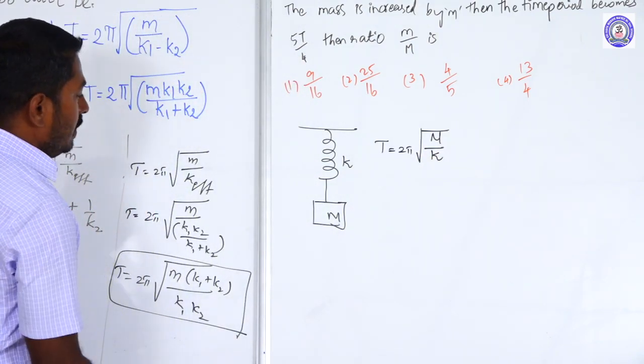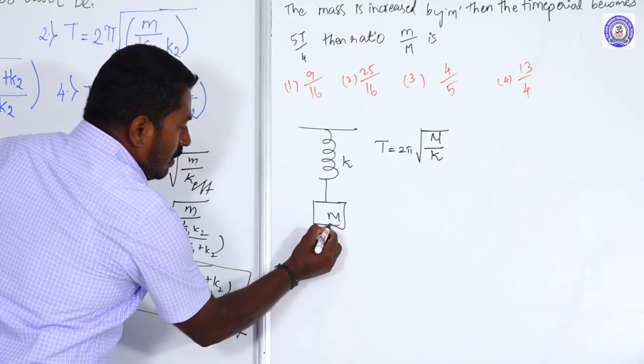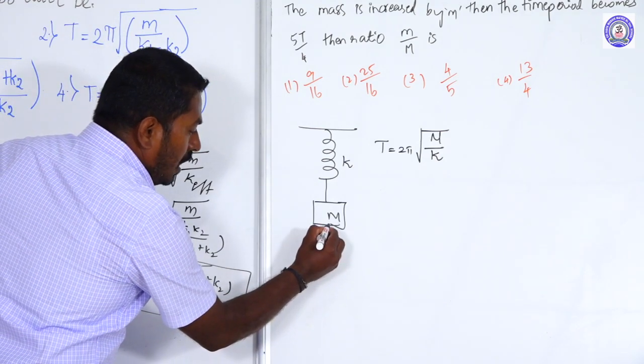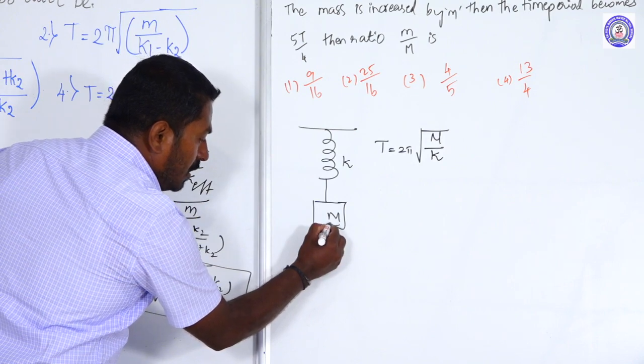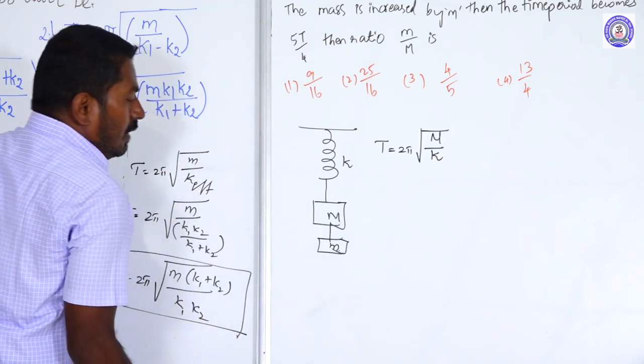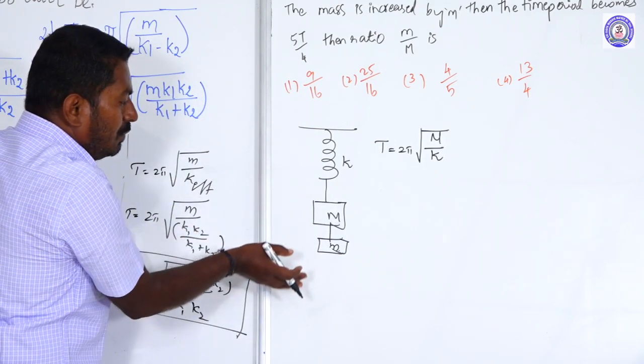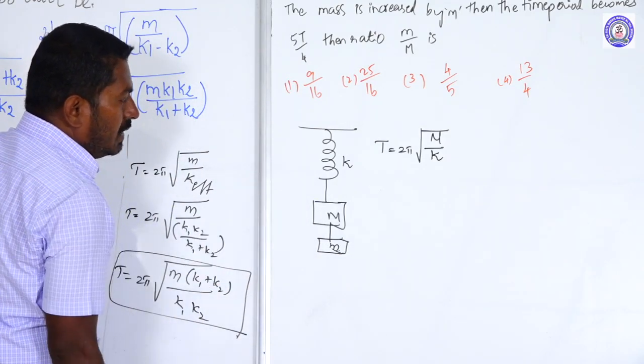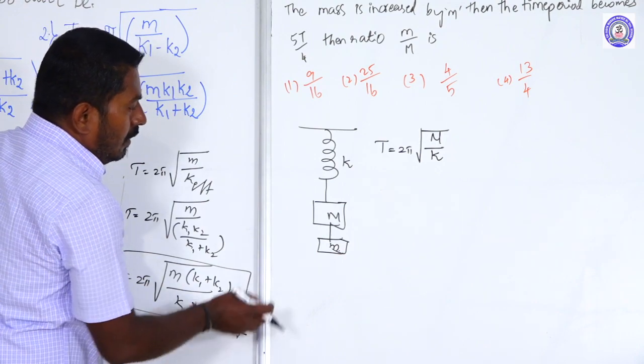Then in the second case, additionally we take a small mass m attached to the capital mass. Then this entire system oscillates vertically, executing simple harmonic motion.